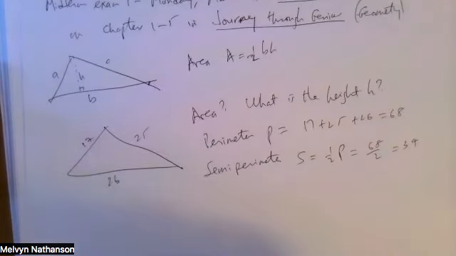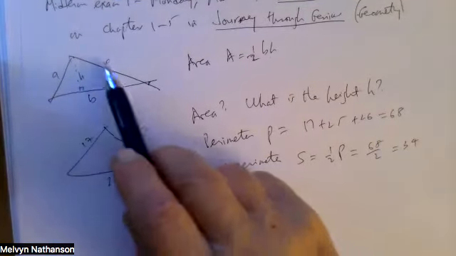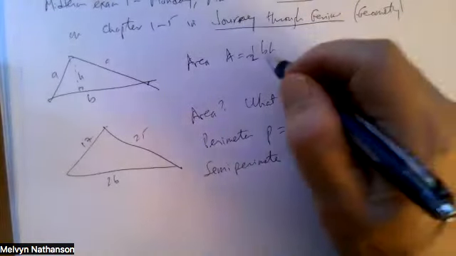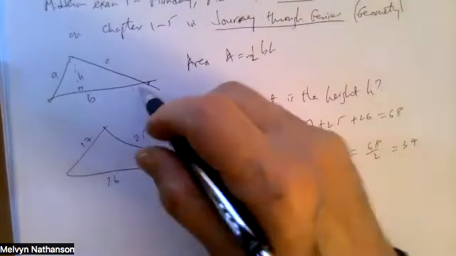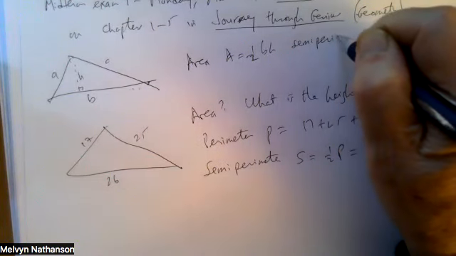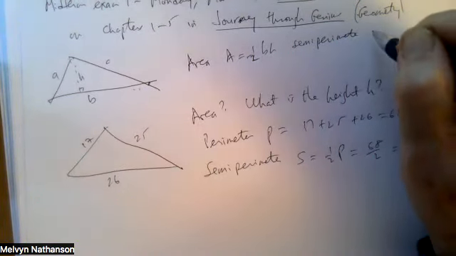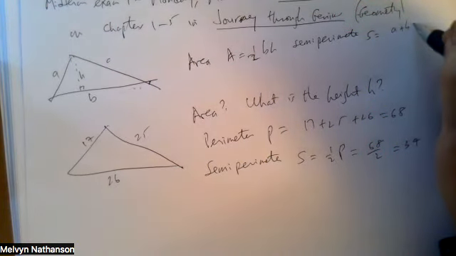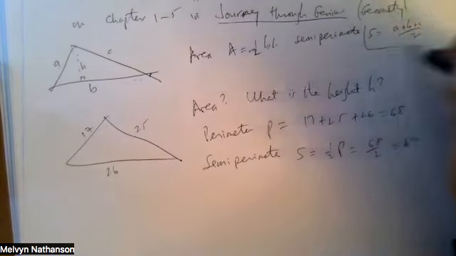And Heron's formula says the following. If you have a triangle, you know the three sides. So for this triangle, the semi-perimeter, S, is the sum of the sides, the perimeter A plus B plus C, over 2.